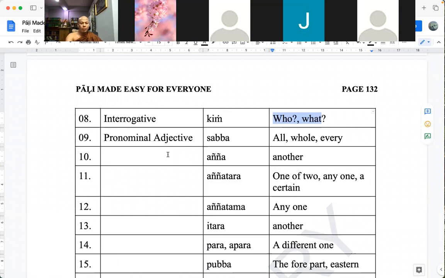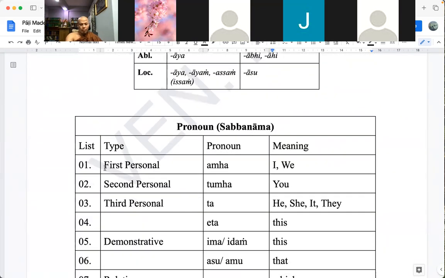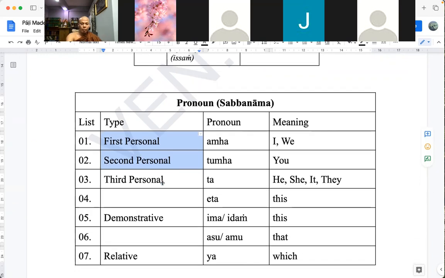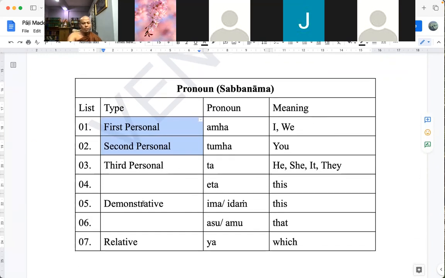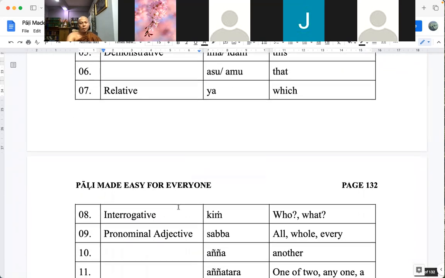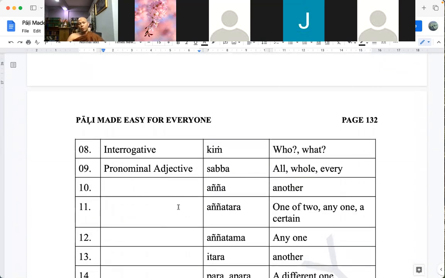Except for the first and second personal pronouns, all the other pronouns can be in three genders, so they can also be used as adjectives. They are grouped in this way as personal, demonstrative or relative, but the remaining cannot be grouped, so they are just pronominal adjectives.